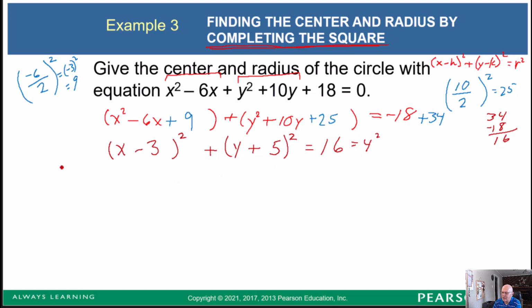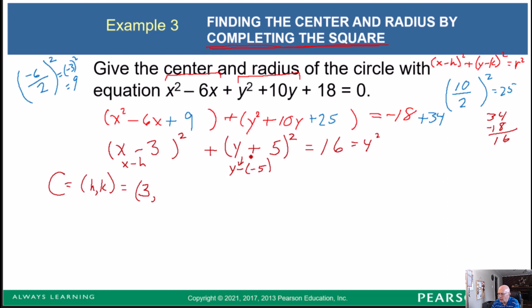Now what's the center? Remember, the center is the point (h, k). And if we think of x minus h here, the center has an x coordinate of 3. Now this one doesn't have a minus, so we have to think of it as y minus a -5.